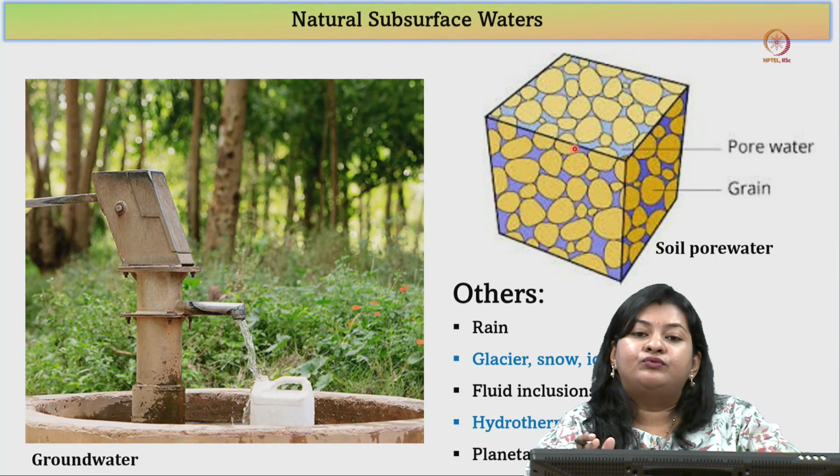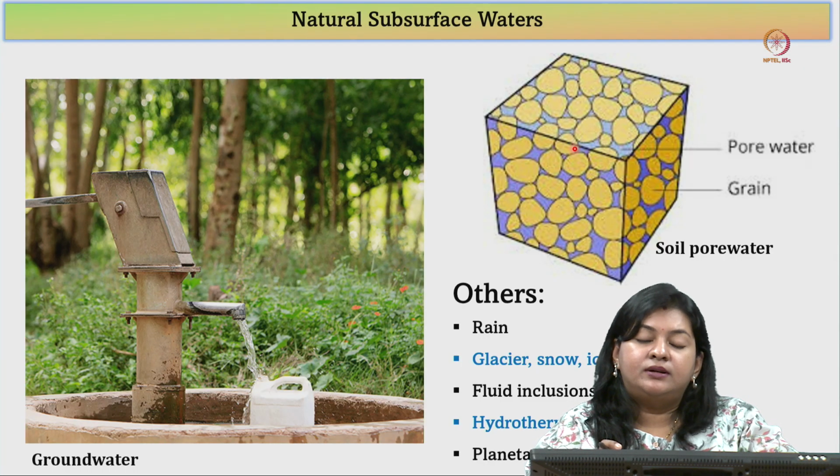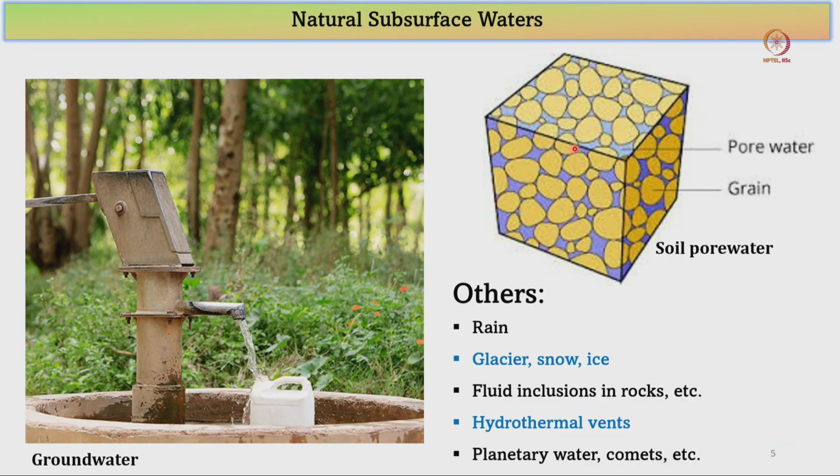And other forms of water. There, anybody can work on rain, some people are working on glaciers, snow, ice, people are also working on fluid inclusions in rocks. Okay. So, in rocks, when they are forming, maybe there is a tiny little bubble created and a fluid droplet gets stored in that tiny bubble.